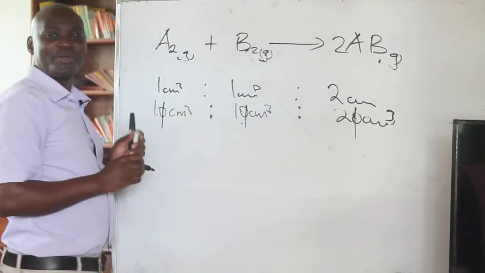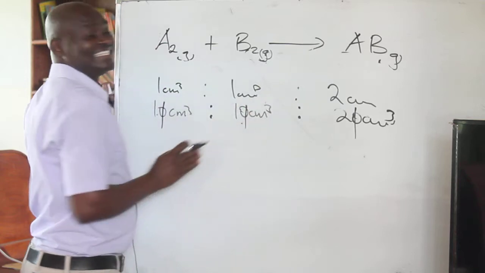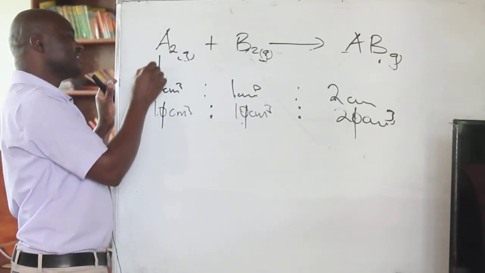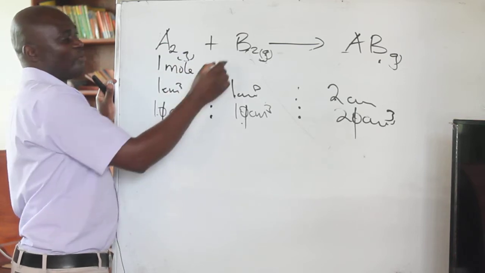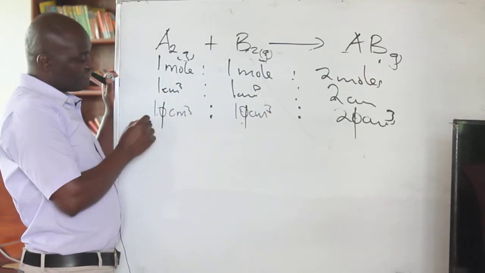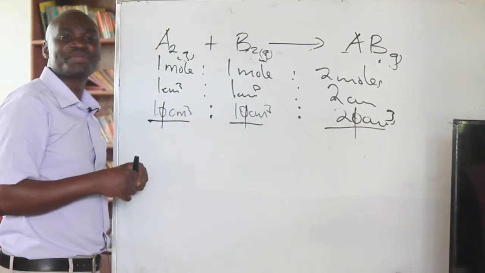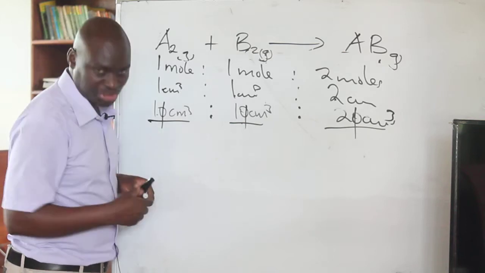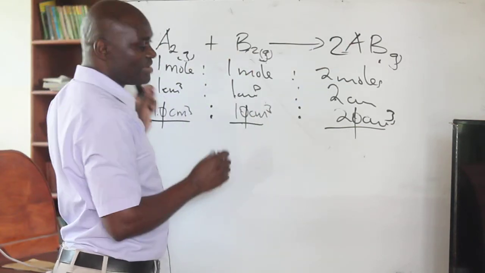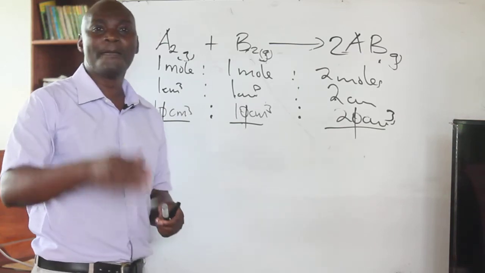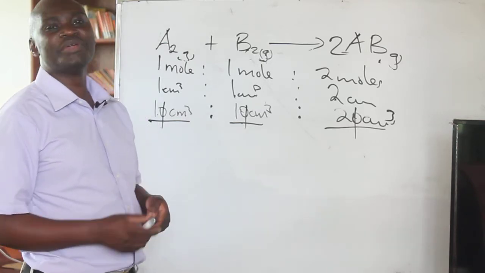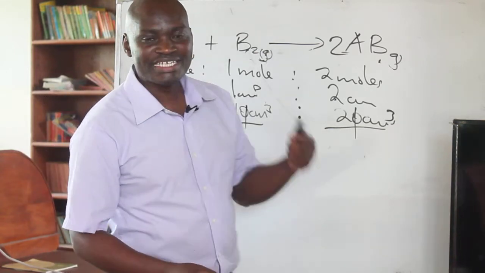So we can say that these gases combine in the ratio of 1 to 1 to 2, that is 1 mole to 1 mole to 2 moles. In other words, the volumes can be simplified to represent whole number ratios. So from the volumes we can come up with the mole ratios. That is Gay-Lussac's law.